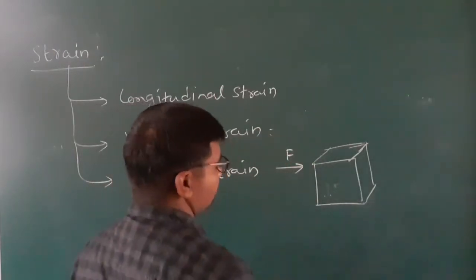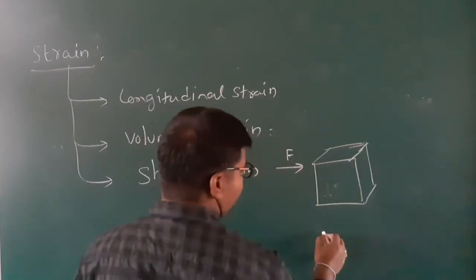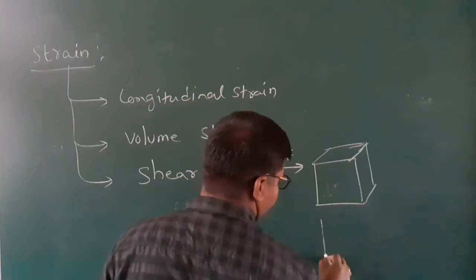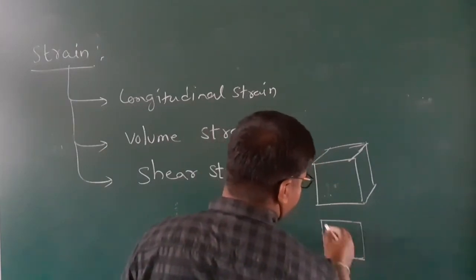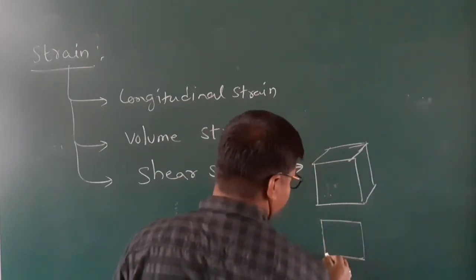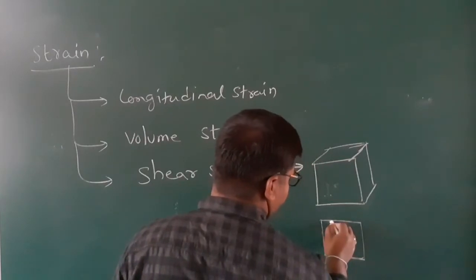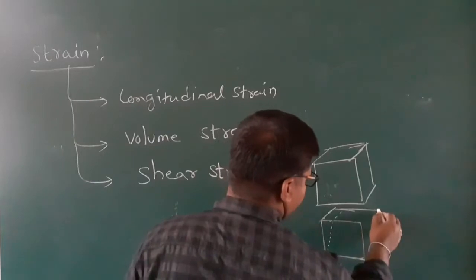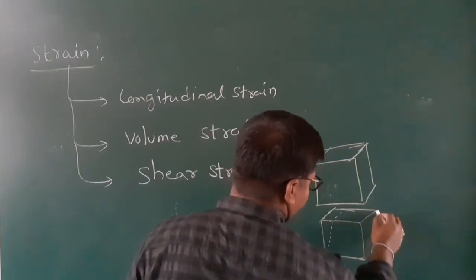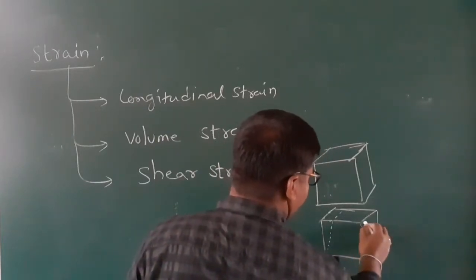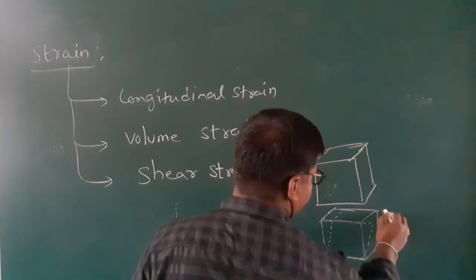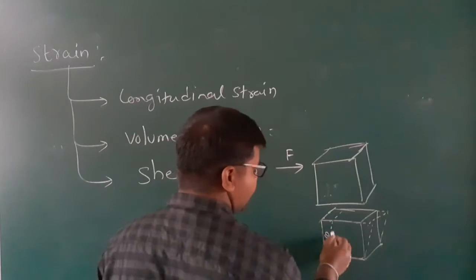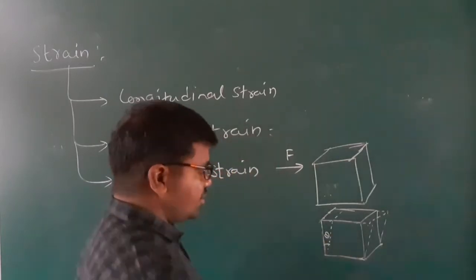Due to this we can observe that the body will deform like this. This dotted line indicates the change in configuration.